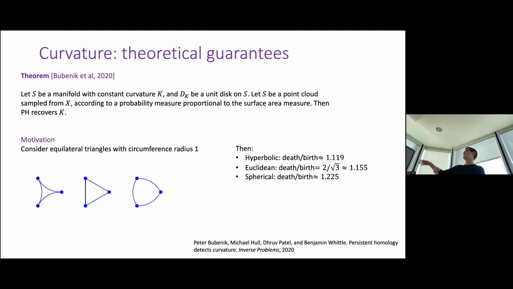The main idea behind this result is that if you consider equilateral triangles with circumference radius 1, then we have a precise relationship between the depth of the longest interval in the barcode and the different triangles. For the hyperbolic we would get this relationship, Euclidean this relationship, and spherical this one. So this is the main idea behind this result.